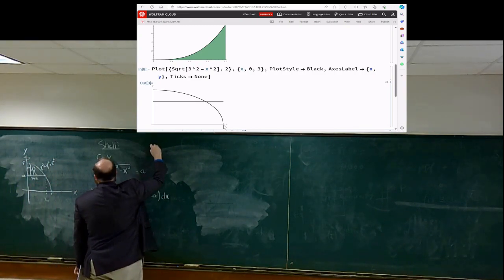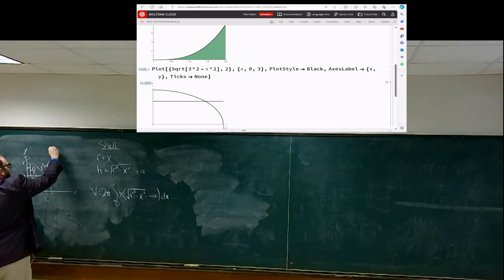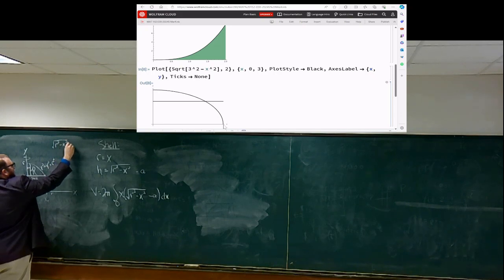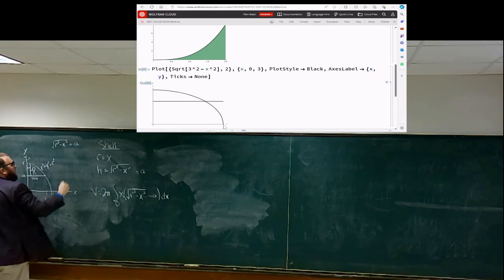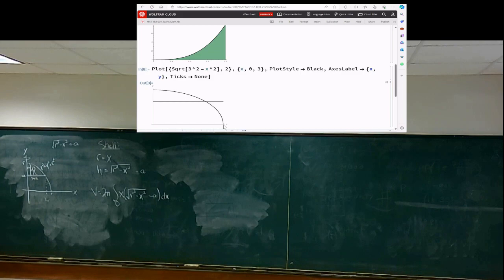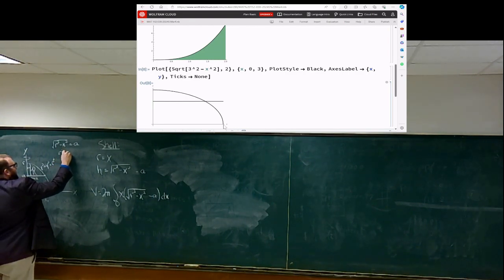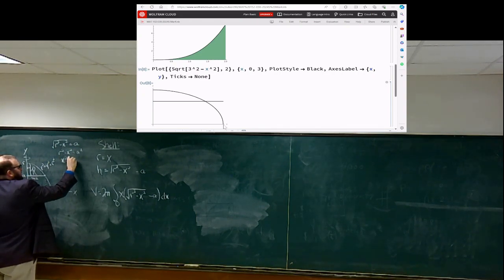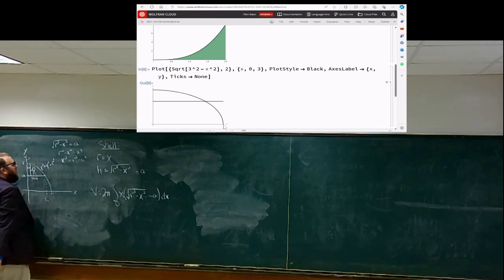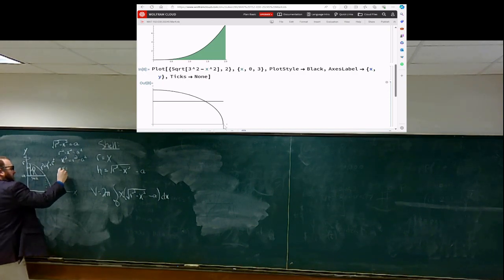So what we're going to have to do is set the functions equal to each other. Solve for x. X squared is r squared minus a squared. So what is x?